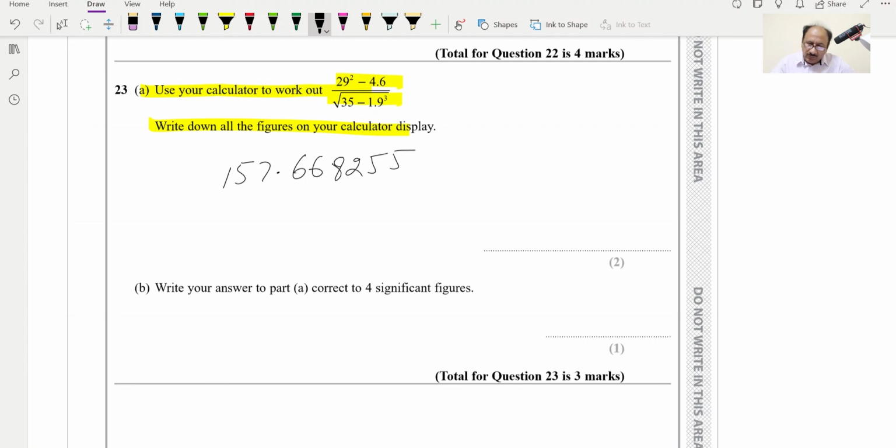These are the calculator numbers which we can provide over here as our final answer.